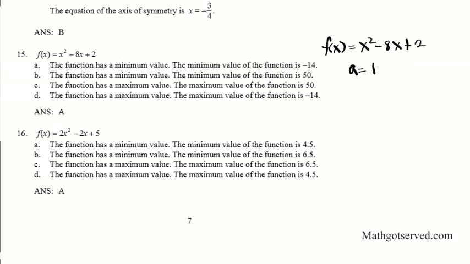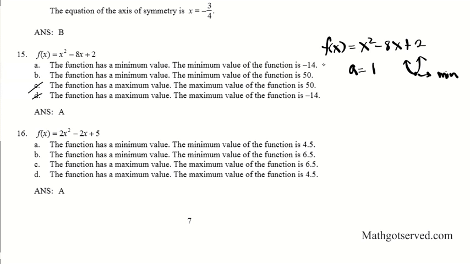So we're going to have a happy parabola, and the extrema is going to be a minimum. Okay? That automatically eliminates C and D, because those are talking about maximum. So our answer is either A or B.